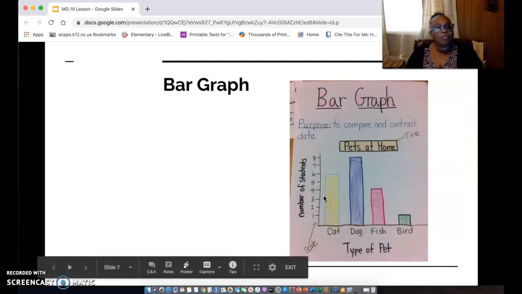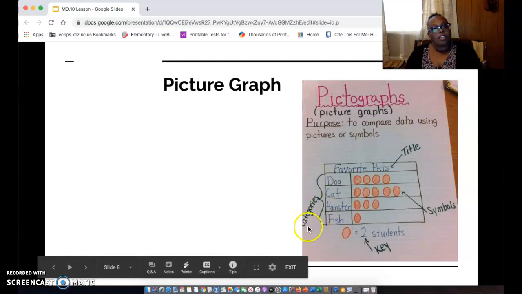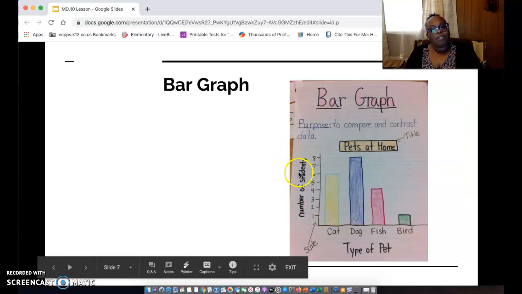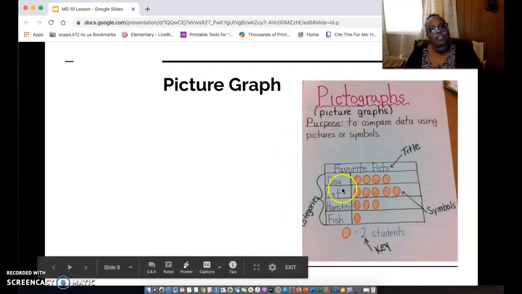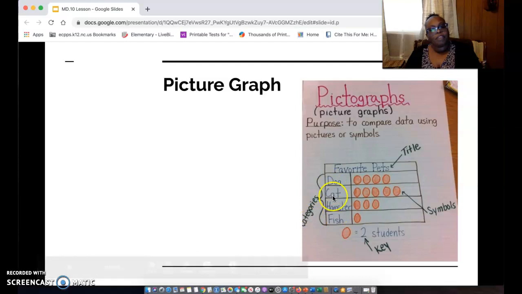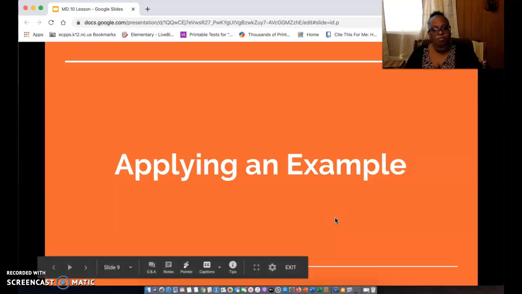And just like in the bar graph, where we had number of students, in this case, it was the key. But for the category that we have here, is right here, where we have dog, cat, hamster, and fish.